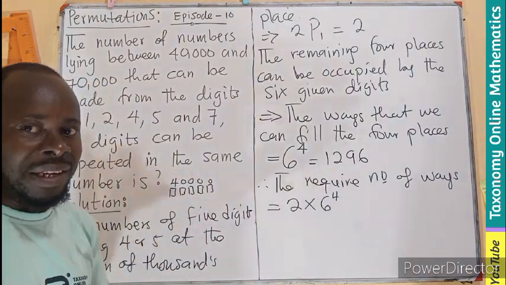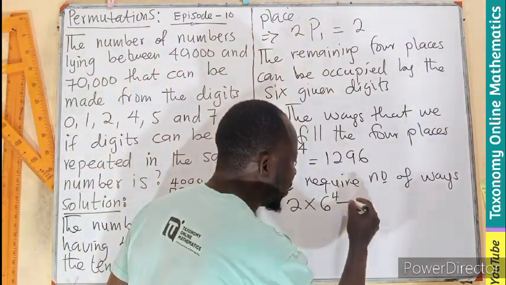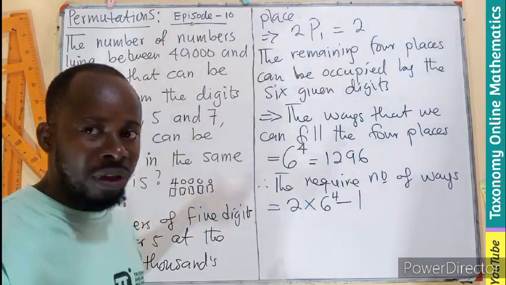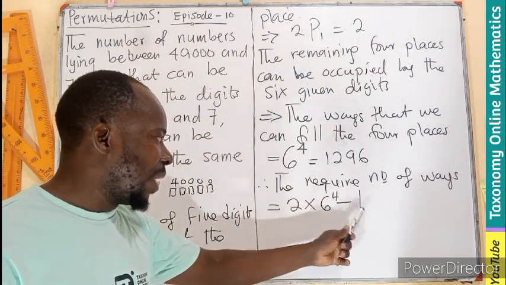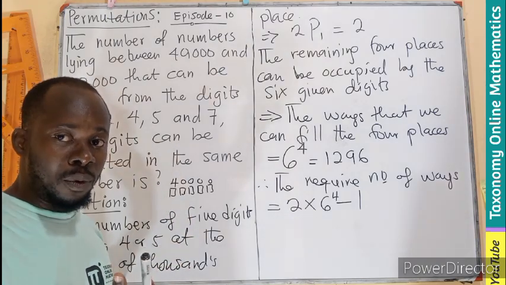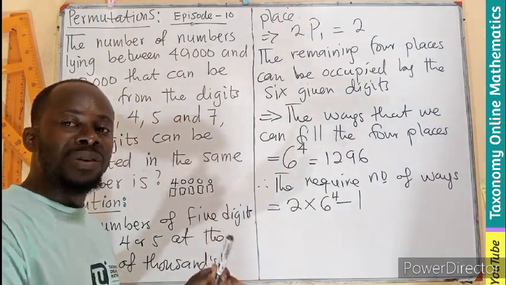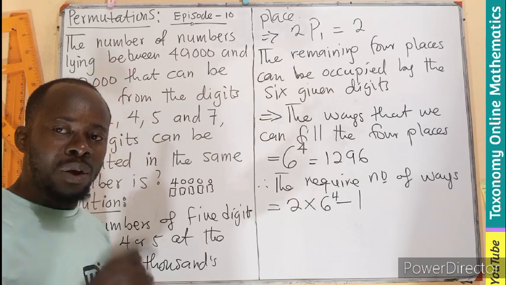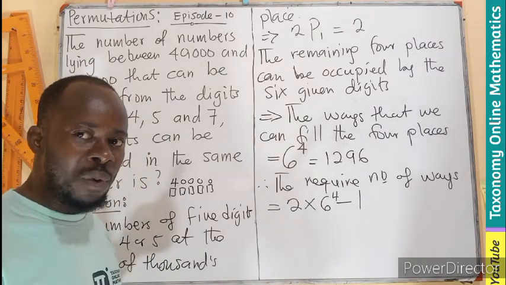But this alone is an outlier. So we subtract it from the total number that we are having. We take away that one option, which is not going to be possible to be between 40,000 and 70,000.